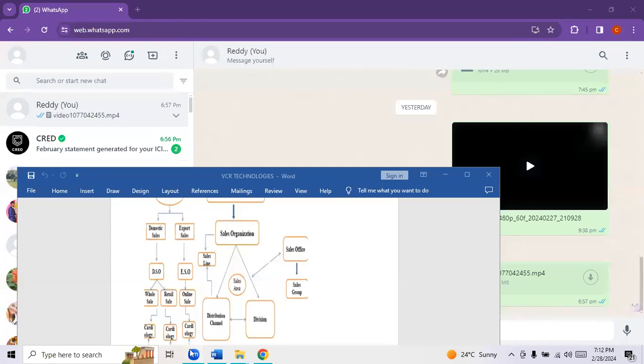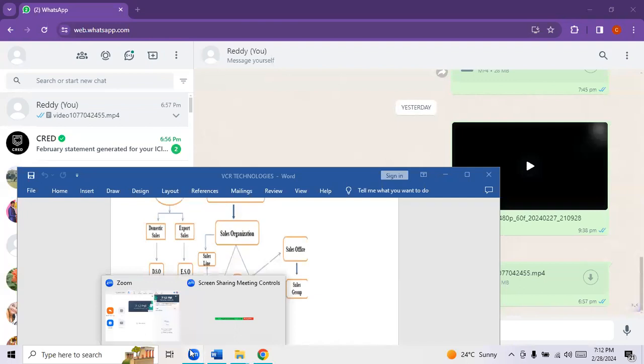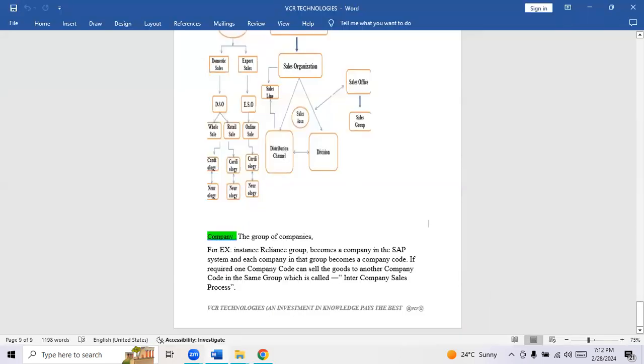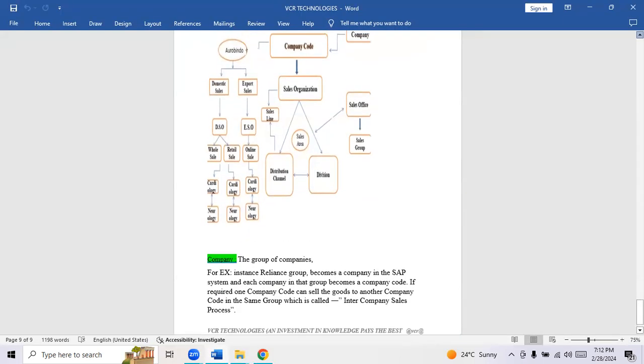Yesterday I discussed SAP SD introduction with you. Today I will discuss the enterprise structure concept in SAP SD. What is enterprise structure?